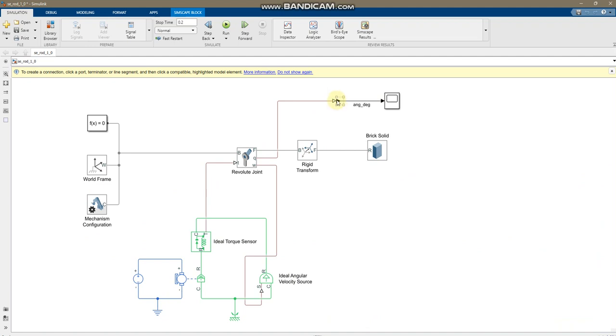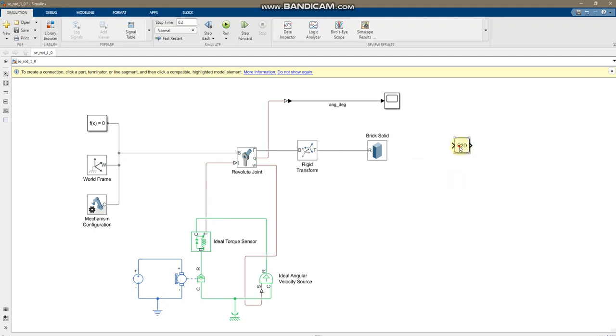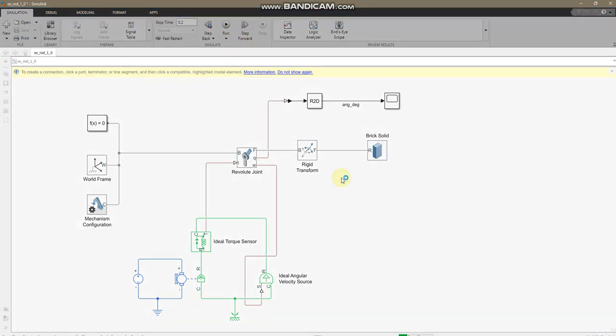So without wasting your time, I'll just add a converter. This would not be... I need to see what's wrong.